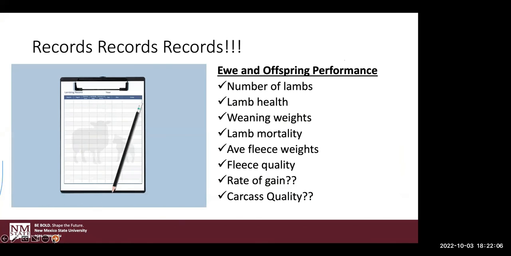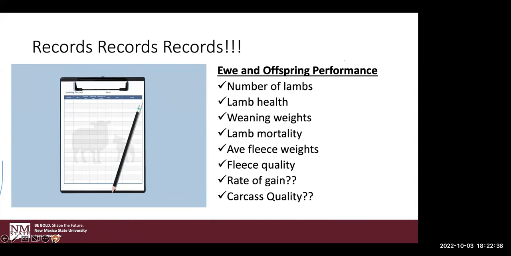This is a long list, but it's really important. Records, records, records. So we gave you the genetic component, number of lambs, all that. You can look at your estimated breeding values and say, well, he should do this, but the records would tell you if he is doing that, right? So it's a two-way street. Ewes have to hold up their end of the bargain, but the only way you know you're making progress is to measure it. And so write down the number of lambs per ewe, right?